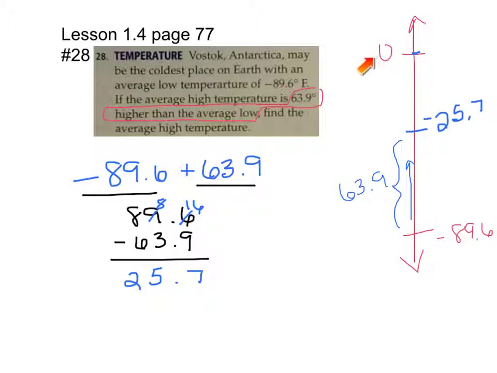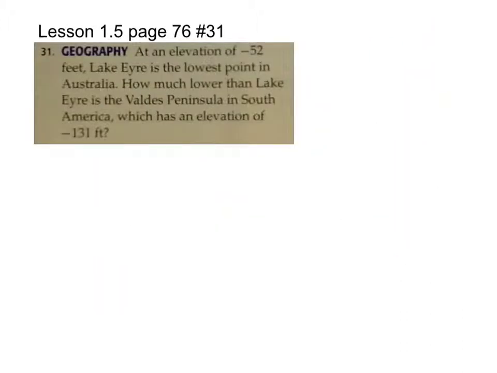Our high temperature for this place in Antarctica is still here in the negatives. It didn't go up over the 0, so this is still a negative temperature.